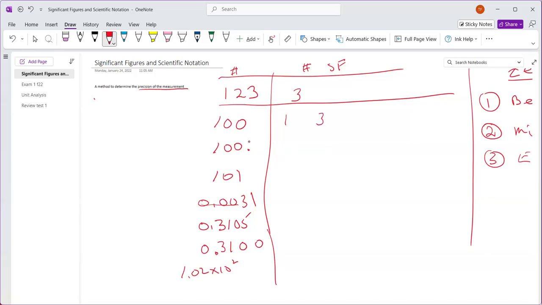Okay, I want you to look at the difference between these 2 numbers now. 100 and 100 point. What's the difference between those 2 numbers? They're not the same number at all. One has a 0 after the decimal. The bottom number's got a decimal point there.